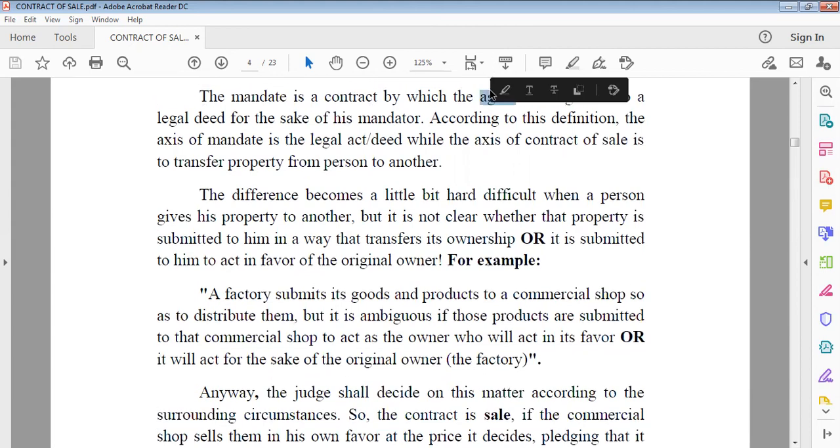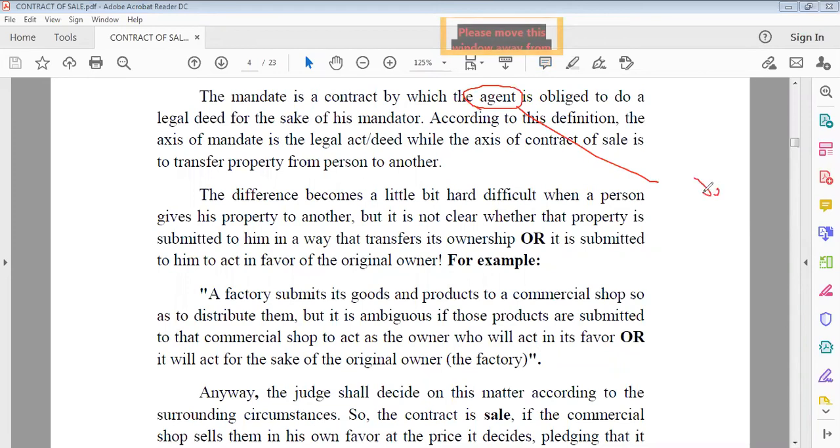So the agent is the وكيل, and the mandator is the الموكل. Let's use the pen here to highlight the important things. So the mandate is a contract by which the agent, the first party, who is the وكيل here, is obliged to do a legal deed, to accomplish or to implement a legal deed.